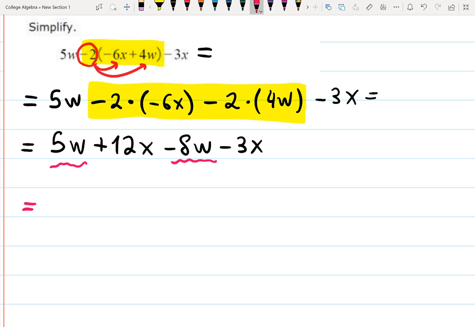And by going together, I mean adding them up. 5 minus 8 is minus 3. So it's minus 3w. I will change the color for you. 12x and minus 3x will give me plus 9x. And that is the answer.